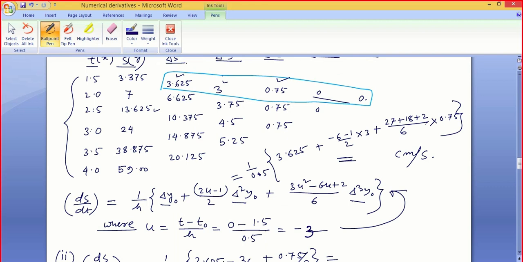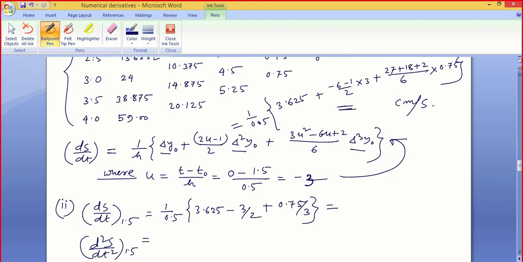I told you alternating series, so plus minus plus in that way. Second difference by 2, 3 by 2, plus third difference by 3, 0.75 by 3. Outside 1 by h. This is the approximate numerical value. So these are everything approximate.